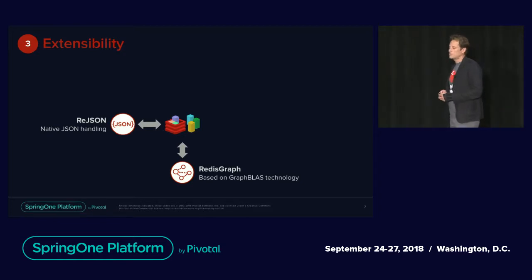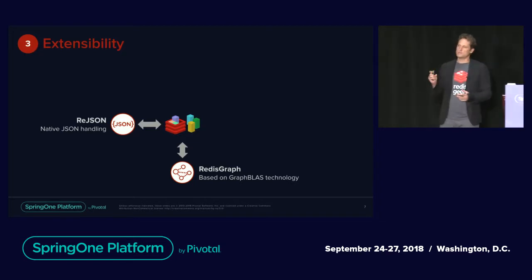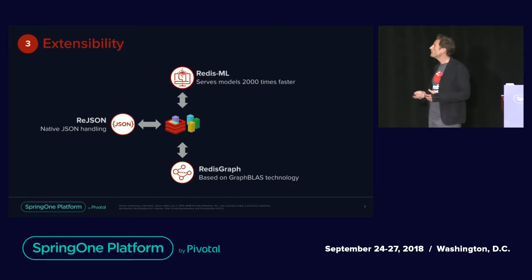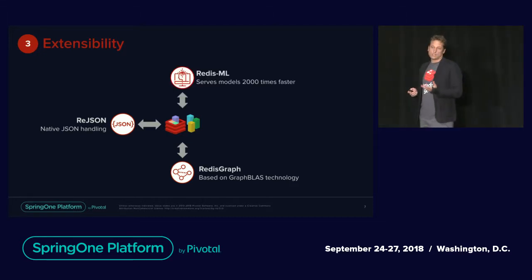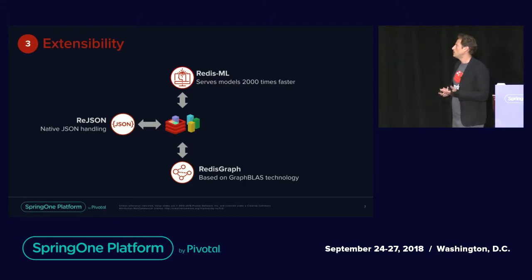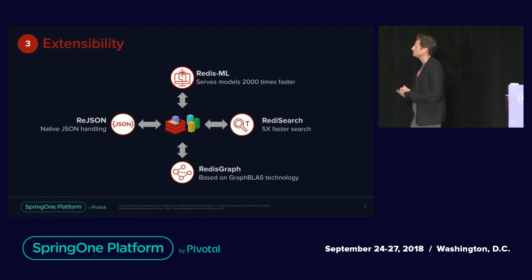ReJSON is a module that implements native JSON documents, so you can retrieve documents as a whole or just specific fields inside a JSON document. Again, everything in memory. Redis-ML is a machine learning module that lets you do logistic regressions, polynomial regressions, and other models where you can fit and apply the models in memory.